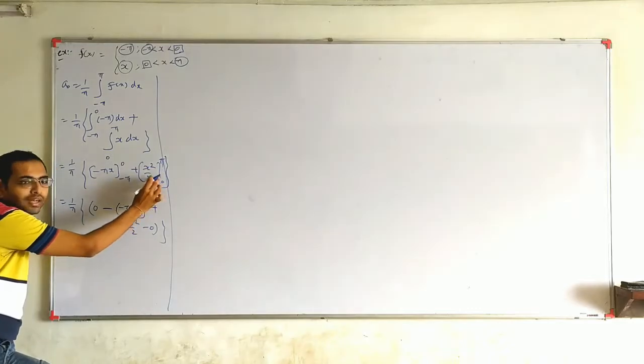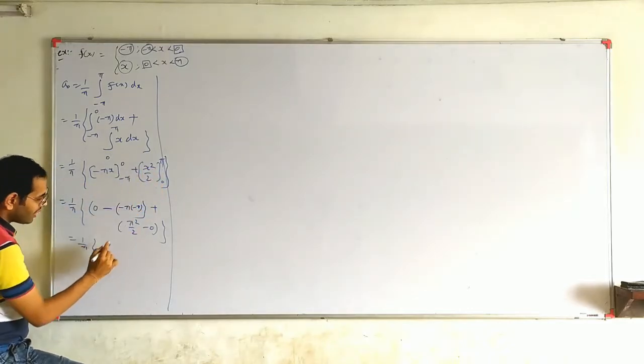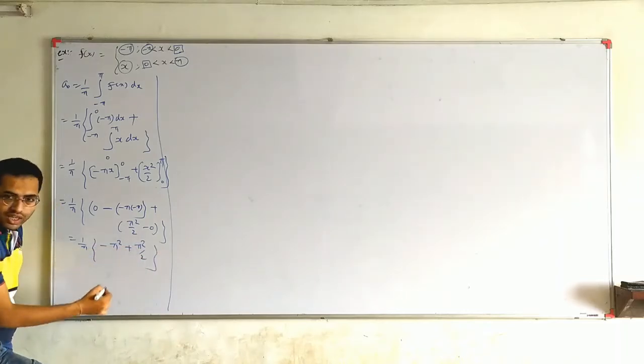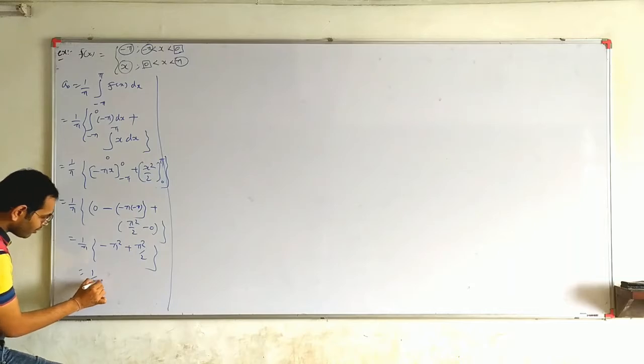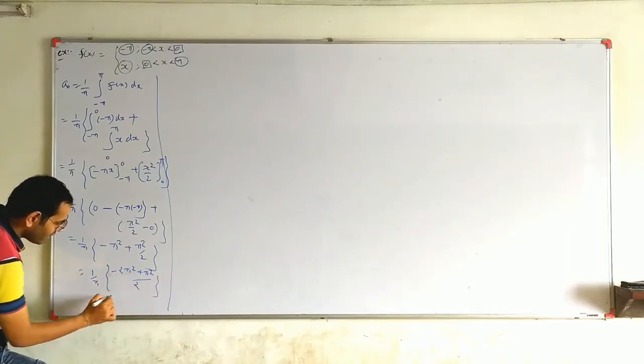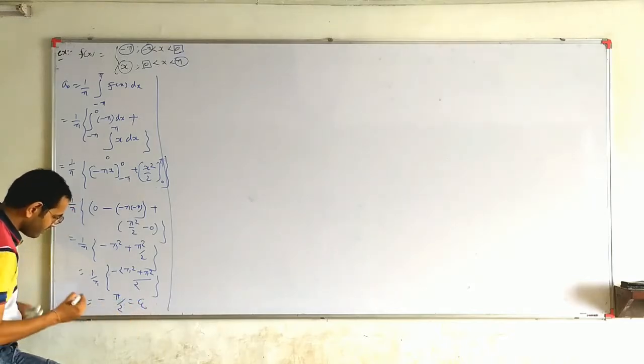This is upper limit minus lower limit: 1 upon pi, minus minus becomes plus, so minus pi square plus pi square by 2. Taking LCM, 1 upon pi into minus 2 pi square plus pi square by 2, then we get minus pi by 2, which is the value of a0.